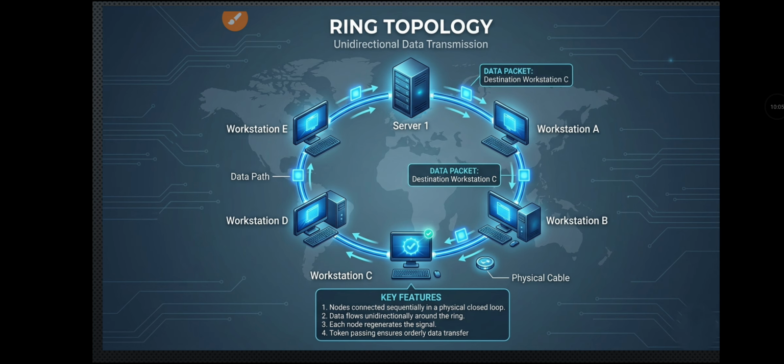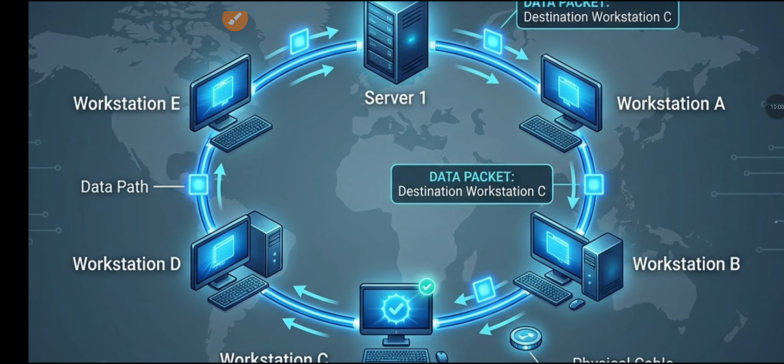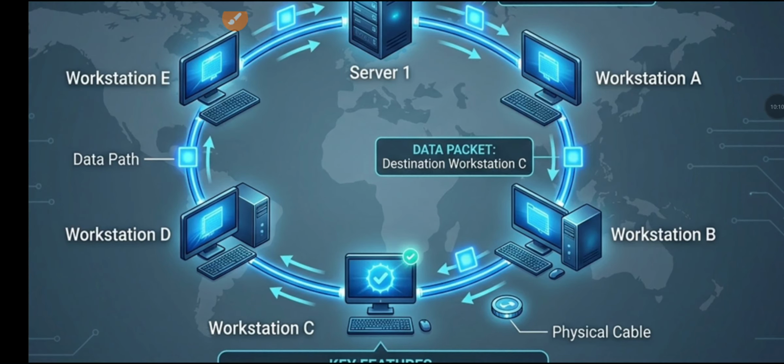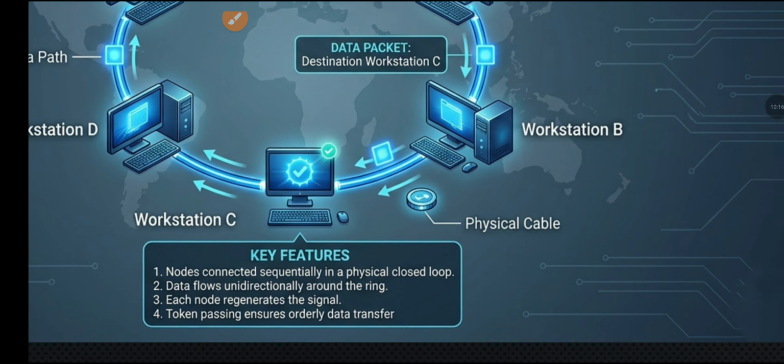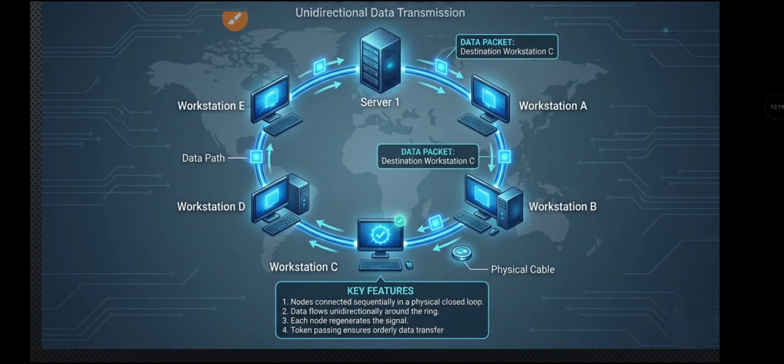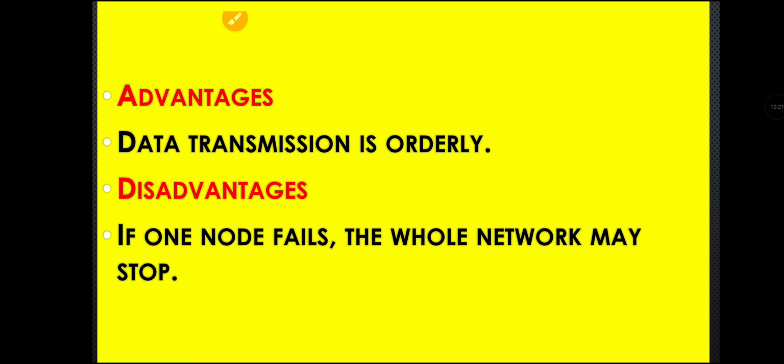It's very, very important. In this ring, if any one node fails to work, what happens? All the other computers stop working. That is the negativity: if one node fails, the whole network may stop working. That is the disadvantage of ring topology.